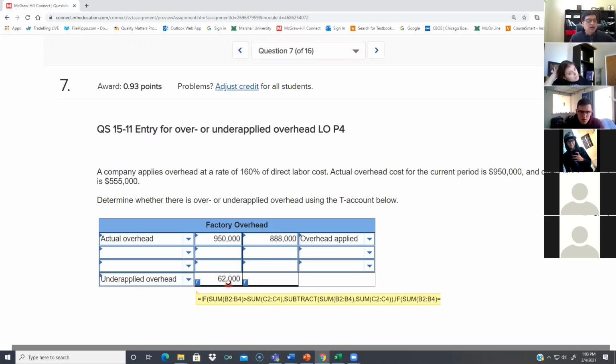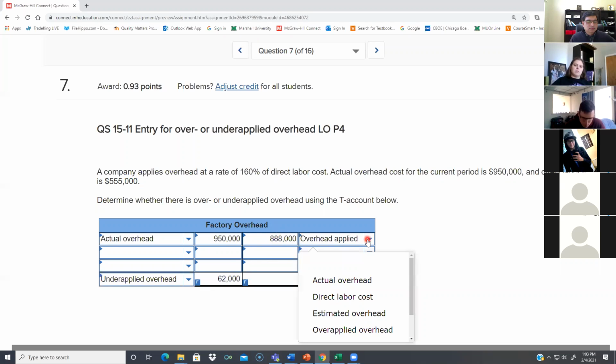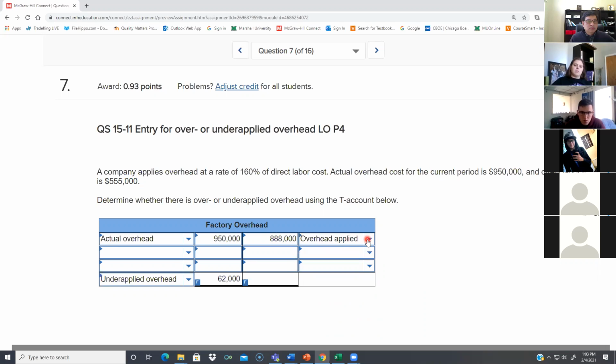It will be under applied because applied overheads are, I don't know why they wrote down both the things. Okay, so this is the actual, this is the applied overhead, and this is the under applied overhead for the T account.